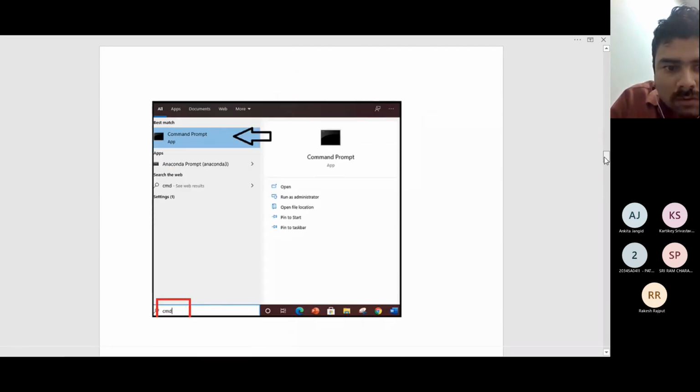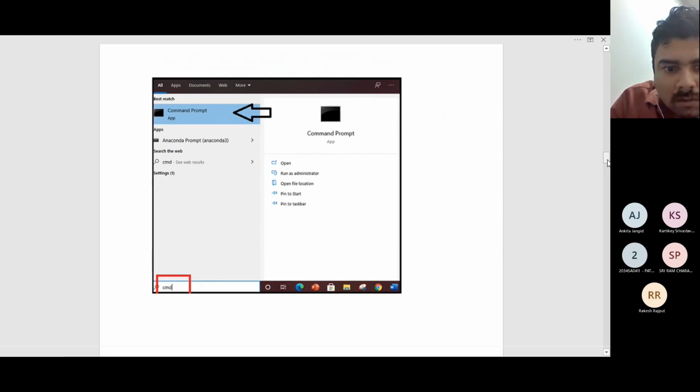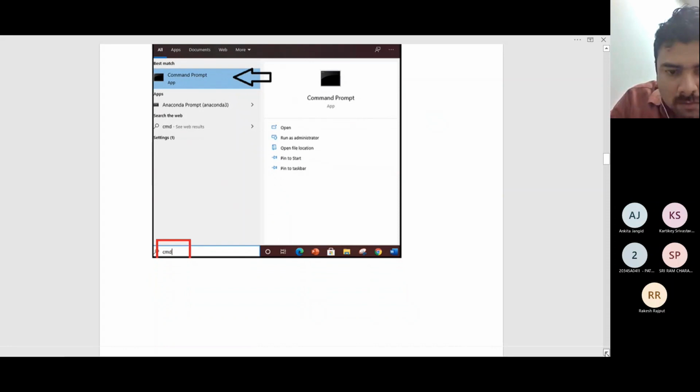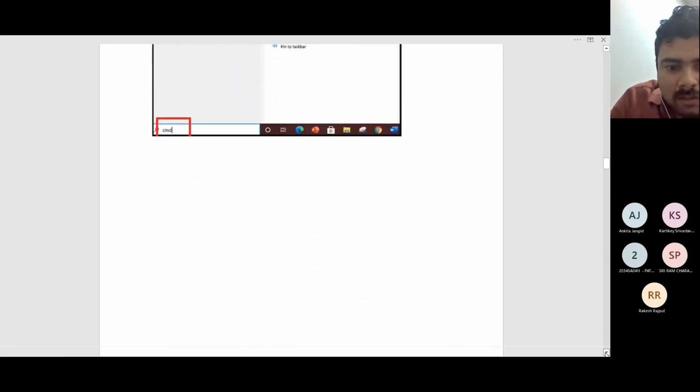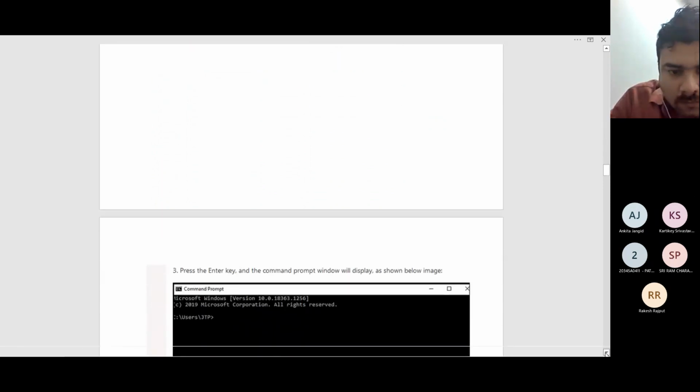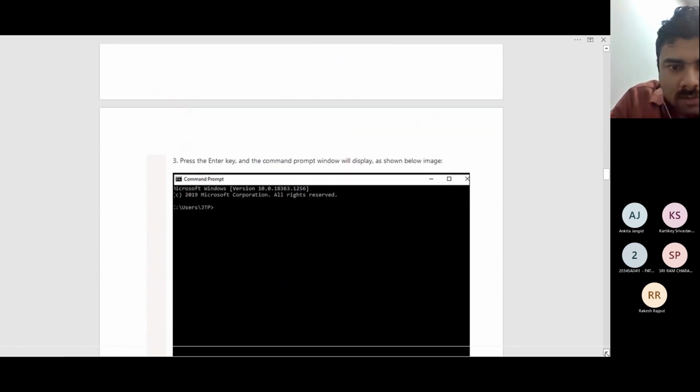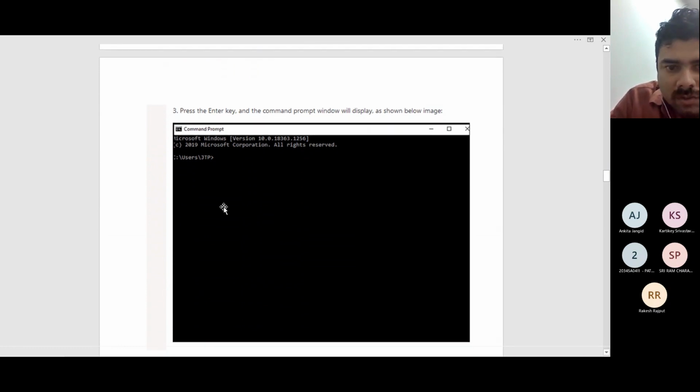Command prompt is a tool available on our desktop and laptop, Windows 7, Windows 8, Windows 10, Windows 11. Put the CMD command. Then this black window comes up. So here is information about our Microsoft Windows, Microsoft Corporation.